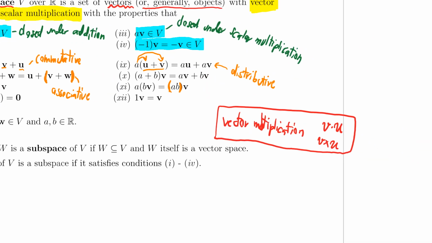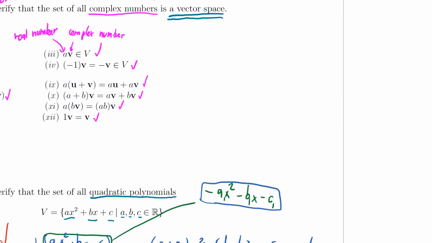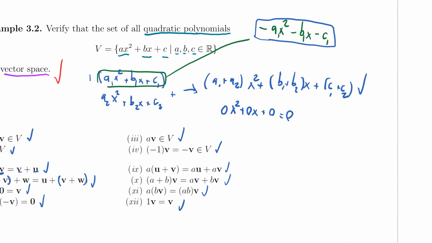Now, I'd like to point out one thing. I said earlier that we do not require that two vectors be able to be multiplied, which actually is helpful in this case, because notice that if I multiply two quadratic polynomials, a1x squared plus b1x plus c1 by a2x squared plus b2x plus c2, I'm going to get something which is not a quadratic polynomial.